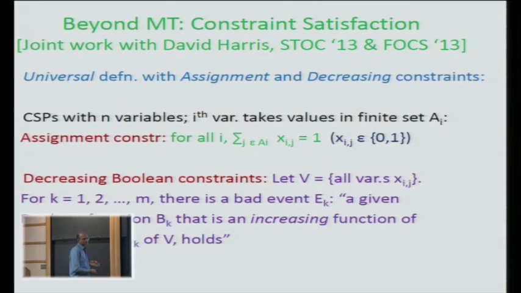That's not a problem. For variable i, one of them could be increasing in x_i0, the other in x_i1. So I'm not saying anything interesting here. So this is a general definition.